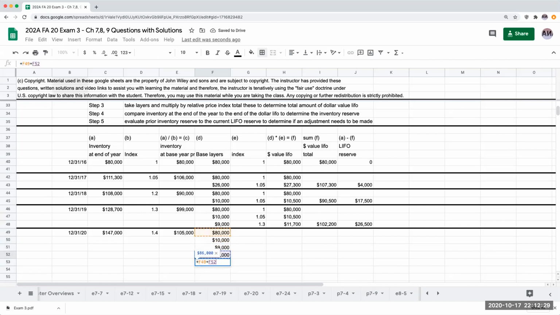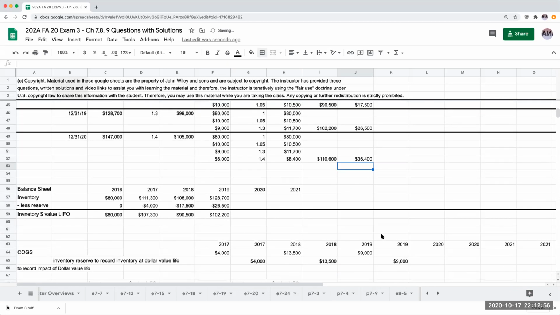And if I add up these four amounts, I should get 105. So I'm going to use the base indexes, and I'm adding on this at 1.4. And when I add up these four values here, I get 110.6. So my LIFO reserve is going to be 36,400.